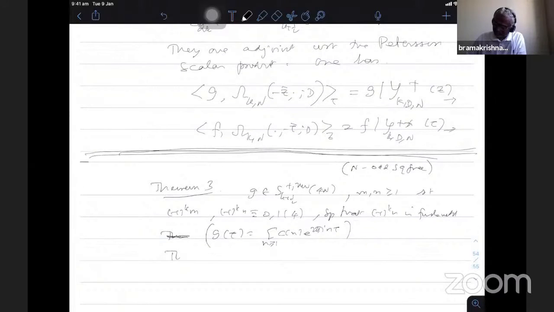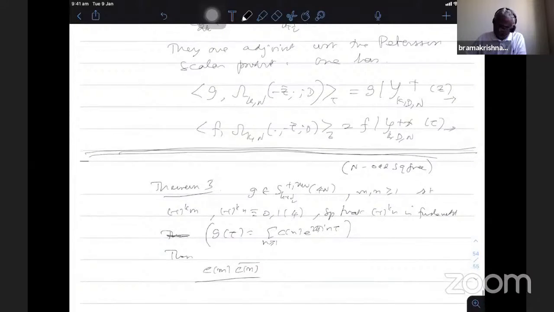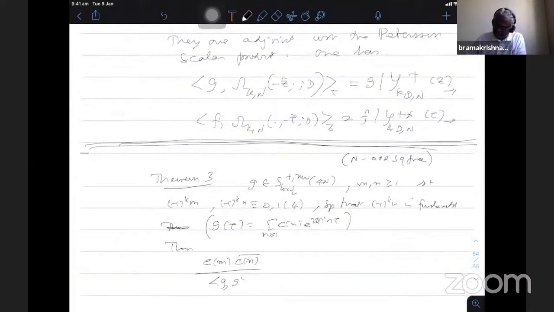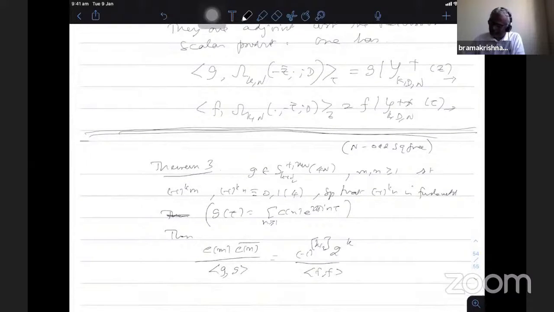Then c(n) bar divided by the inner product of g, g is given in terms of (-1)^{k/2} 2^k, the inner product of f, f, where f is the corresponding form of integral weight. So g goes to f under the map S_{k,N}, times R_{k,n} f at (-1)^k n, (-1)^k n.